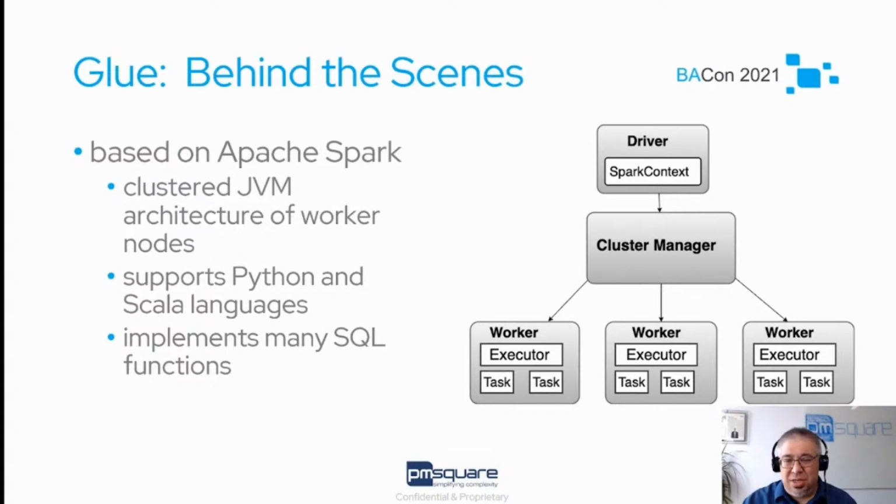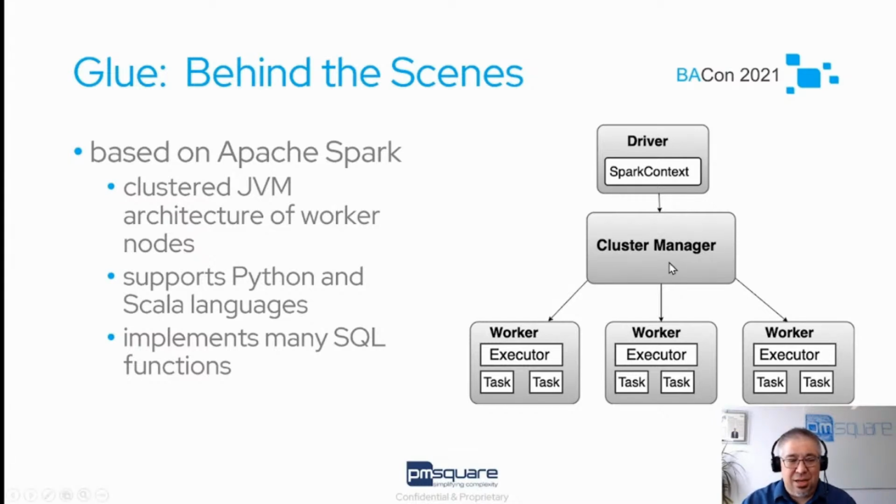The code is compiled into Java bytecode by the cluster manager, and the data and bytecode is then passed to the worker nodes. Each worker node runs the Java bytecode in its own Java virtual machine and processes the data and passes the results back to the cluster manager.